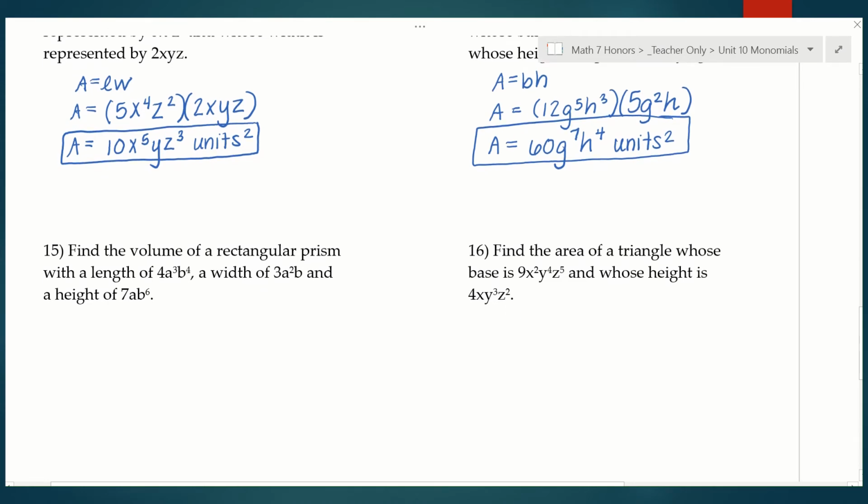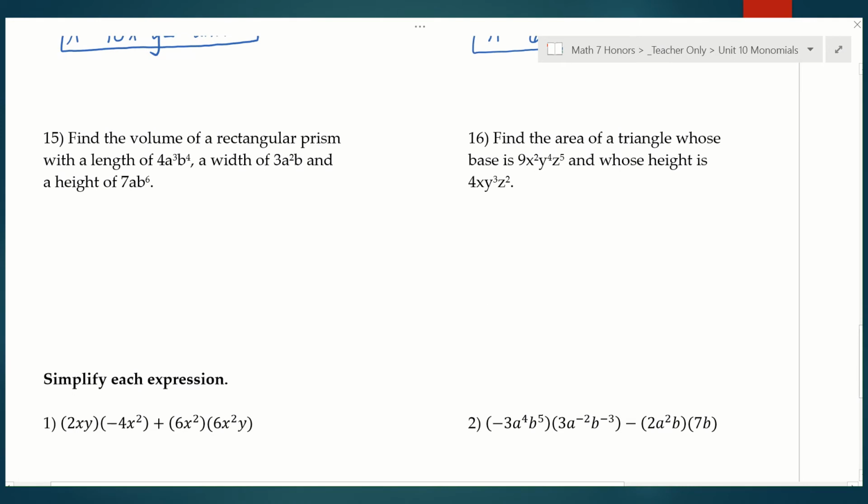Okay, number 15. Find the volume of a rectangular prism with a length of 4a to the third b to the fourth, a width of 3a squared b, and a height of 7ab to the sixth. Okay, so for a volume of a rectangular prism, we use volume equals length times width times height. And let's see, we're given the length is 4a to the third b to the fourth times the width, 3a squared b, times the height.